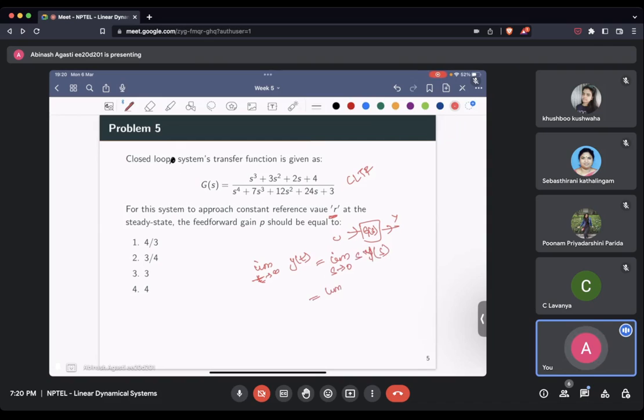But this is equal to limit s goes to 0 of s times G of s times U of s. So if I have a constant reference signal of value r, then what should the Laplace transform of that constant reference signal of value r be?